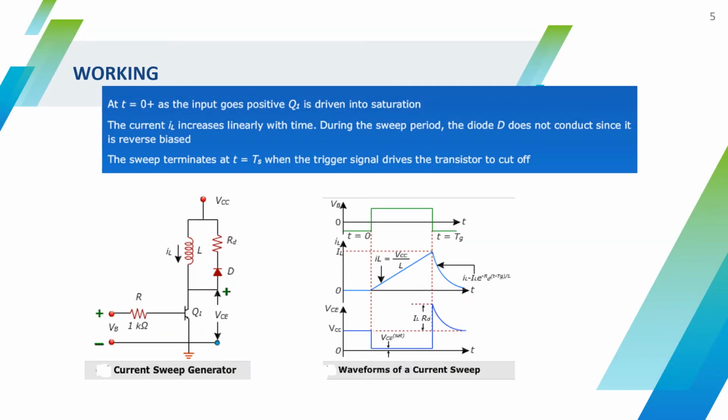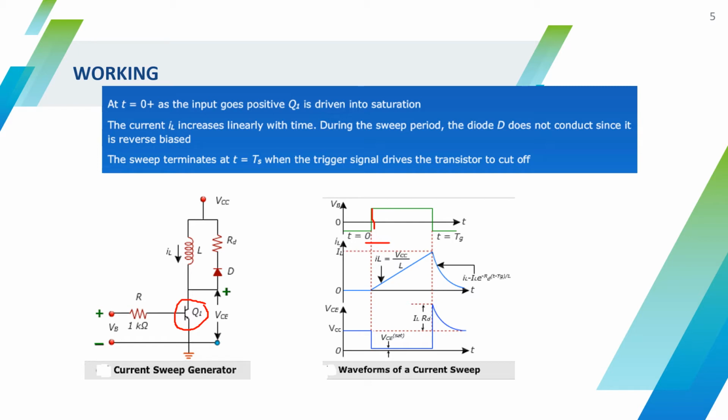Let us see the working of this simple sweep generator. At t equal to 0, the input goes positive, which drives the transistor Q1 into the on state, into saturation.